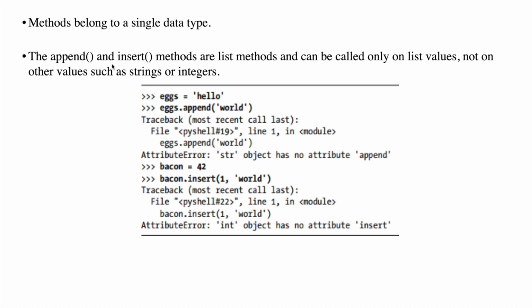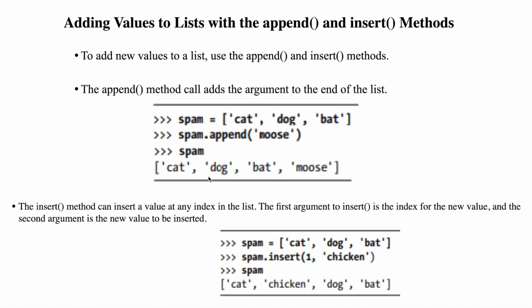For example, see x dot append hello. Hello is a string, and I'm trying to append with a string; it will give an error. Likewise with 42, an integer, you can't use insert or append on different data types. You can use them only with list values.